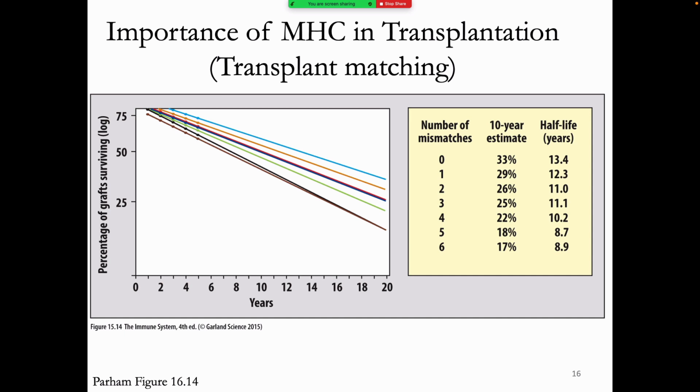You can see the percent of the organs that actually last in our patient for 10 years, and the half-life of the organ. What you can notice is that with more MHC mismatches, you have more of a problem. And so clearly MHC matching is really important in having your transplant persist. So this is showing us the importance of MHC in transplantation, and how MHC is such a major thing.